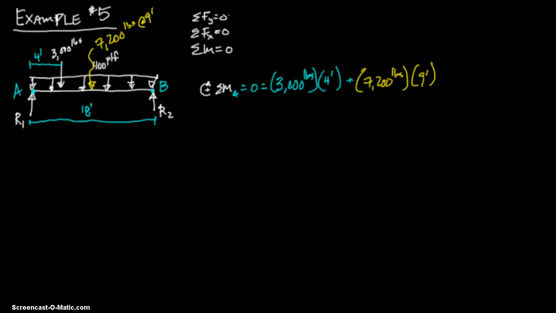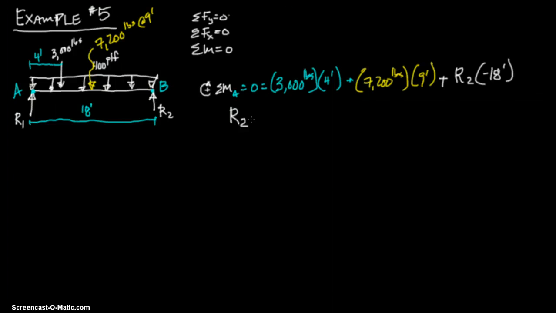Alright, now we have R2. And that's going to induce a negative moment. So let's just put negative R2 times 18 foot. Alright, there's our equation. We can go ahead and solve for R2. I'm going to do it in my head. So I'm going to get R2 equals what?